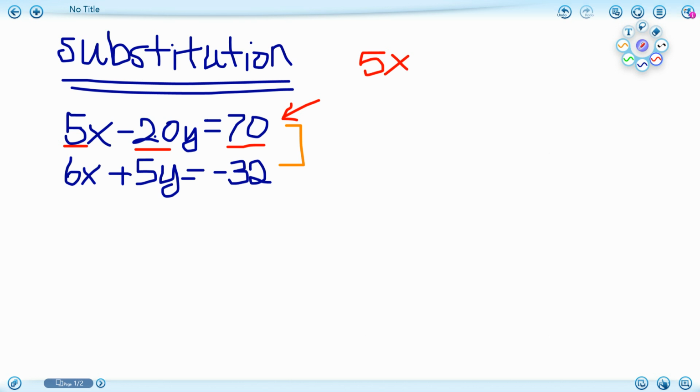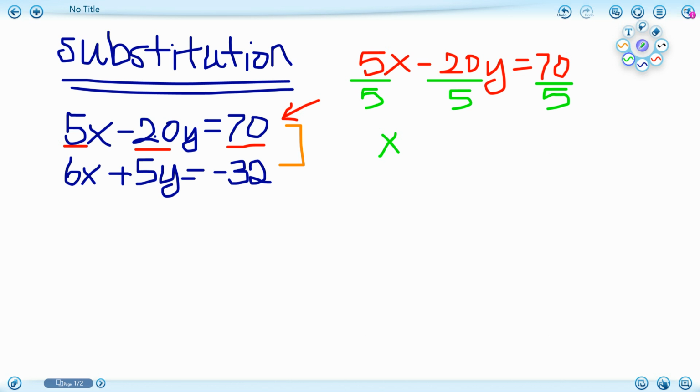I have 5x minus 20y is equal to 70. Okay, so I know 5 will go into all of 5, 20, and 70, so I'm going to divide all of it by 5. When I do that, I end up getting x minus 4y is equal to 14.